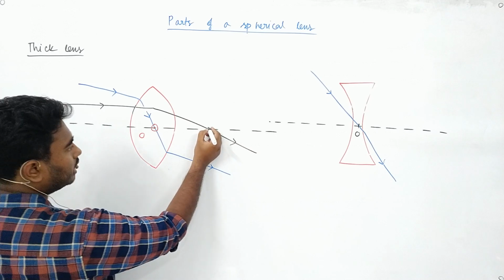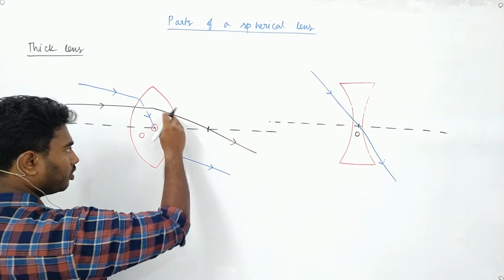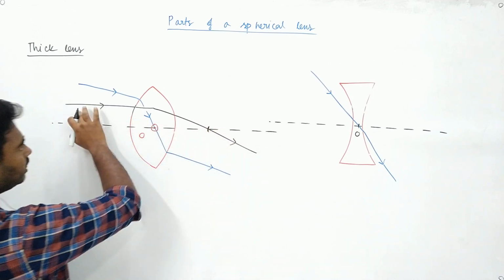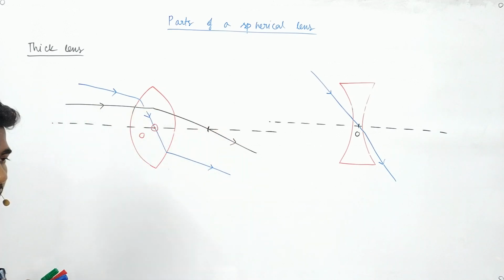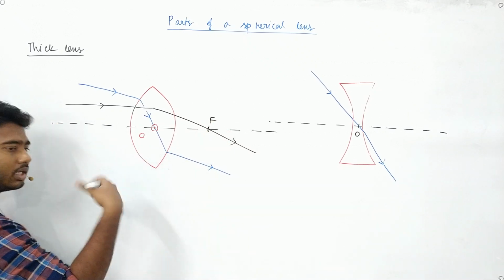That means this is a point on the principal axis through which a ray will pass if it comes parallel to the principal axis, right? Then this point is known as focal point. But the idea of optical center is different.